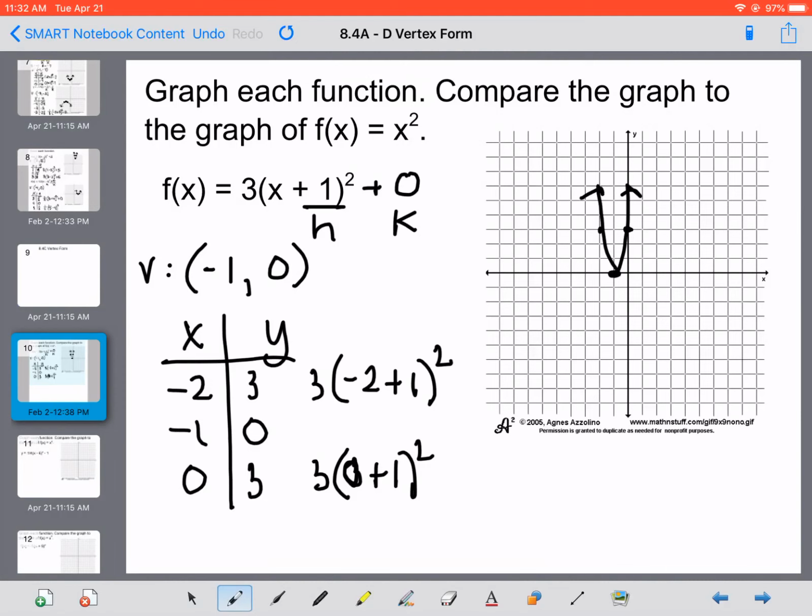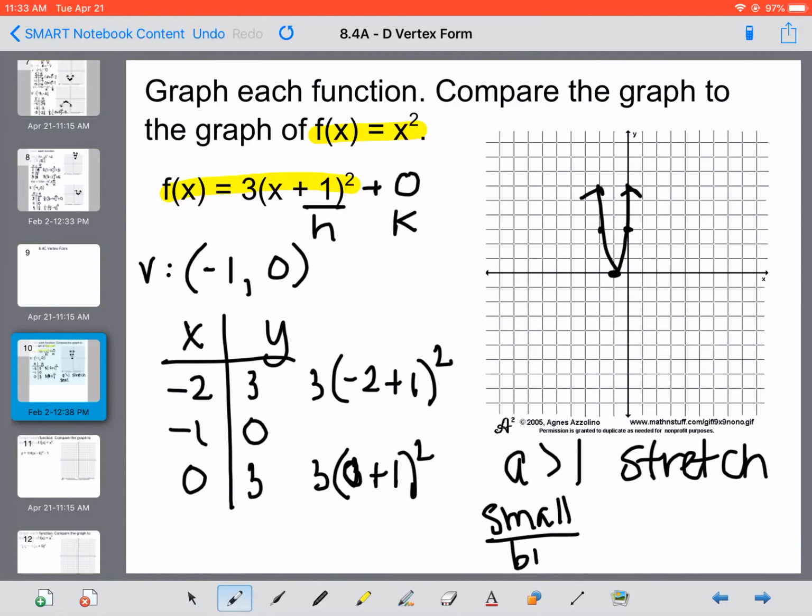So comparing it, well, if you look at your equation, the 3 and the 1 are the two parts that are different than our parent function. So that 3, that a value, if a is bigger than 1, you're going to stretch. If a is a fraction where it's small number over a big number, you're going to compress.